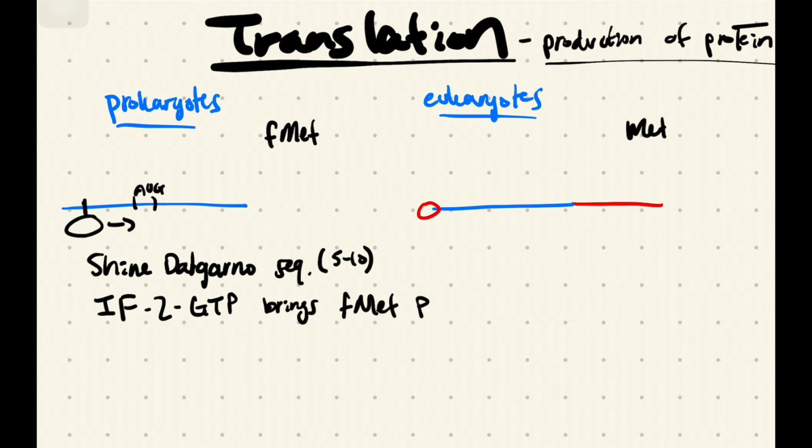And the reason why I say P is because this is the initiation. You don't have anything in the P site because this is the first amino acid you're going to have. So it's going to bring that to the P site, and then your GTP is going to hydrolyze.